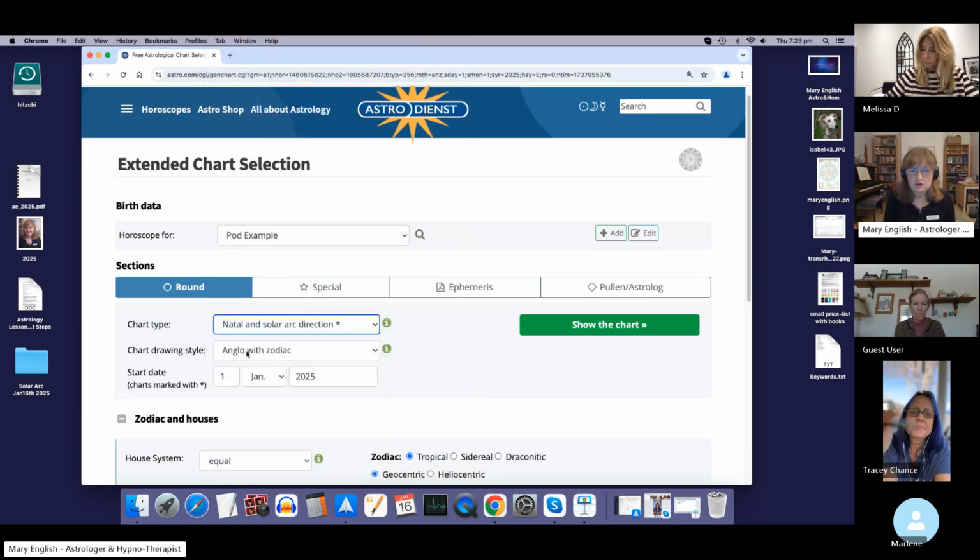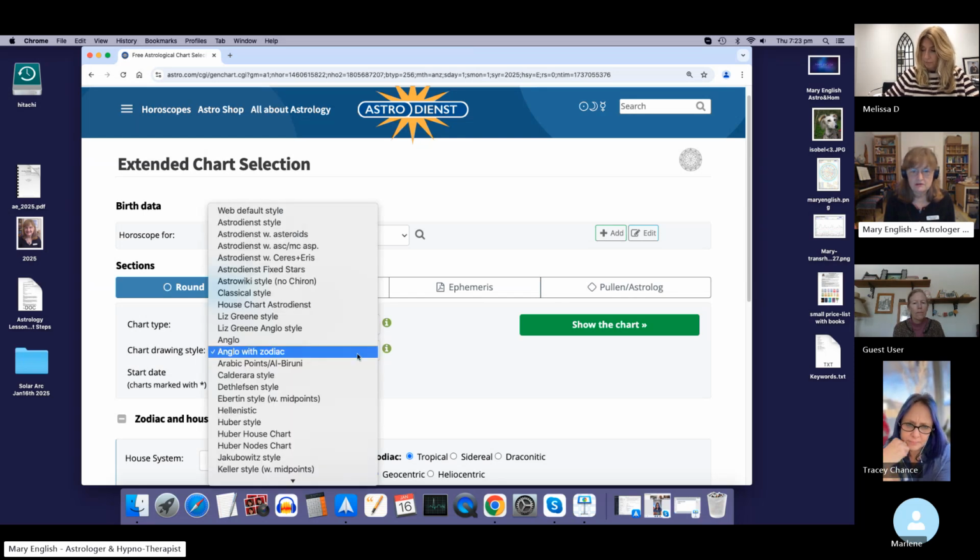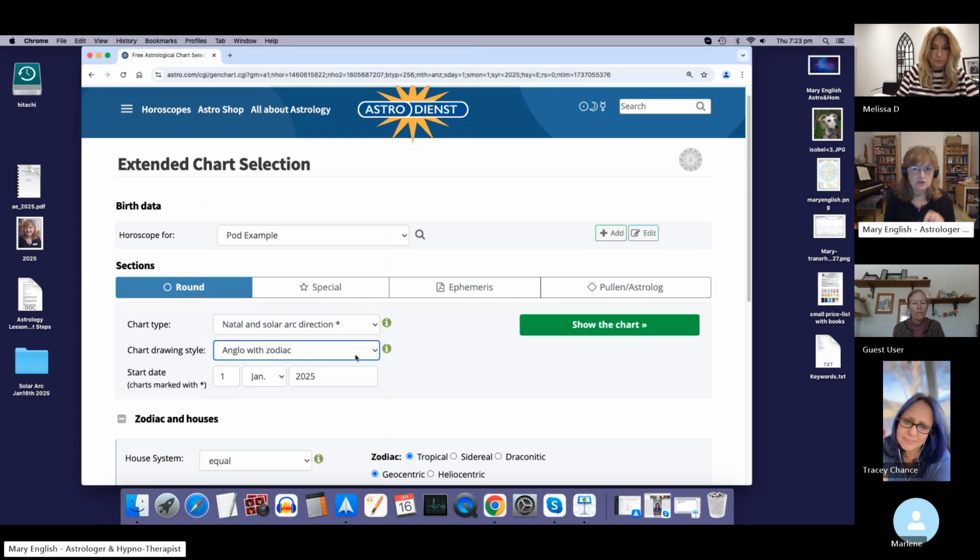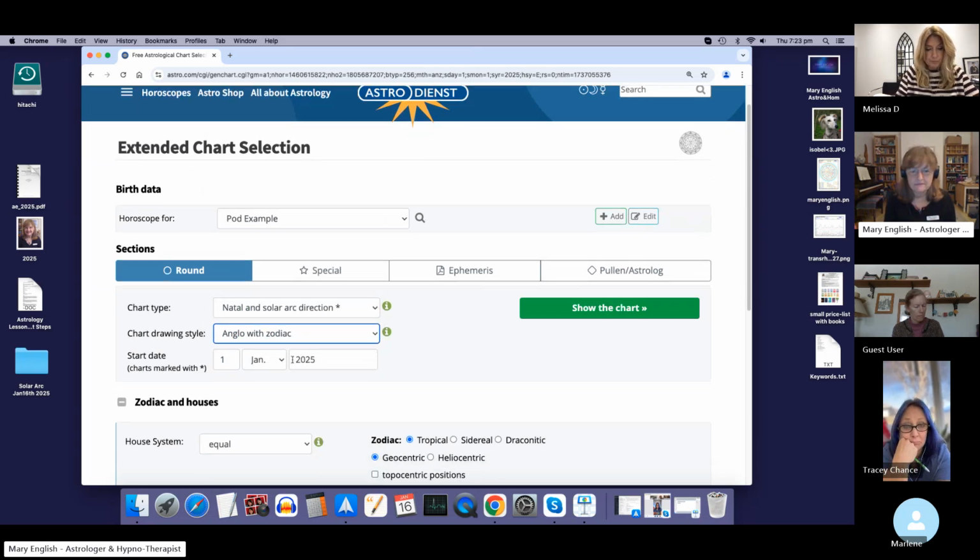Now I've sent your charts to you using this chart drawing style, Anglo with Zodiac. You can have Anglo, or you can choose Anglo with Zodiac, because in those charts the numbers are written bigger and they're easier to see. So we're going to do the 1st of September 2013.